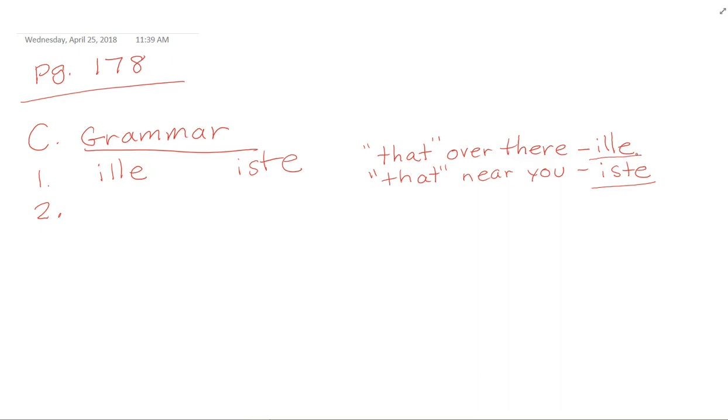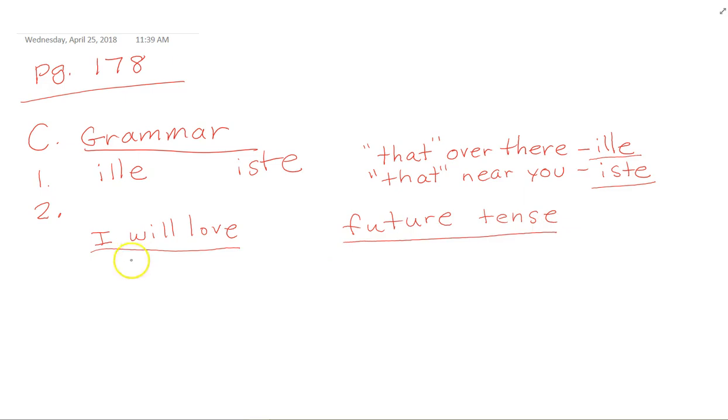Now we've got the English, I will love, and we've got the Latin, that's a future tense. So we're looking at, are these future or are they imperfect? This is a little bit easier. This is done for you. Easier and lower level than that little talk I just had about all the different tenses we have in English and in Latin. I was loving has a was.